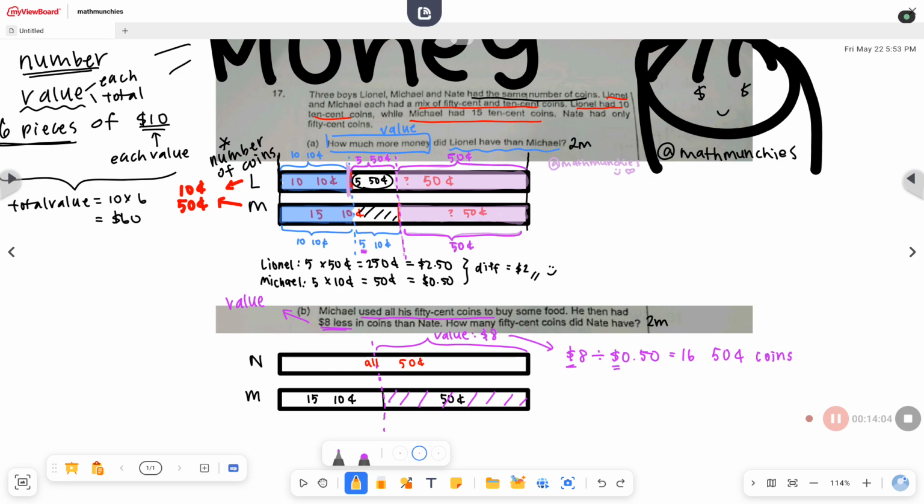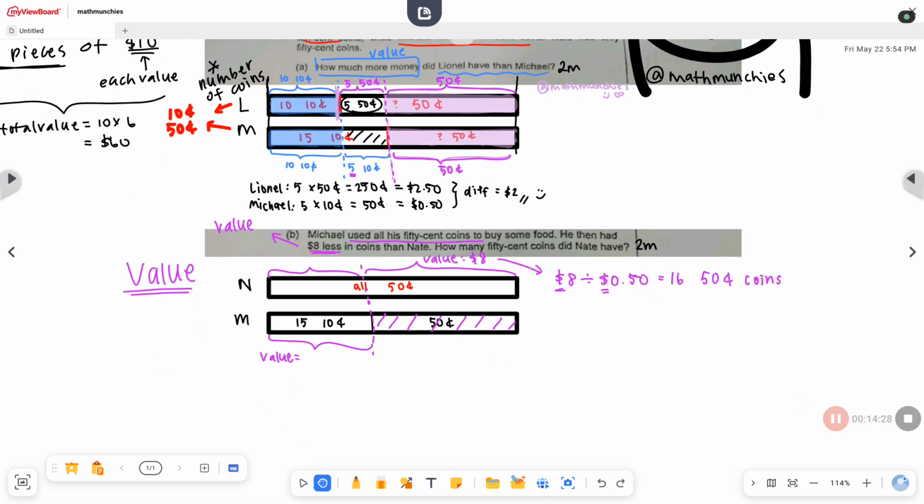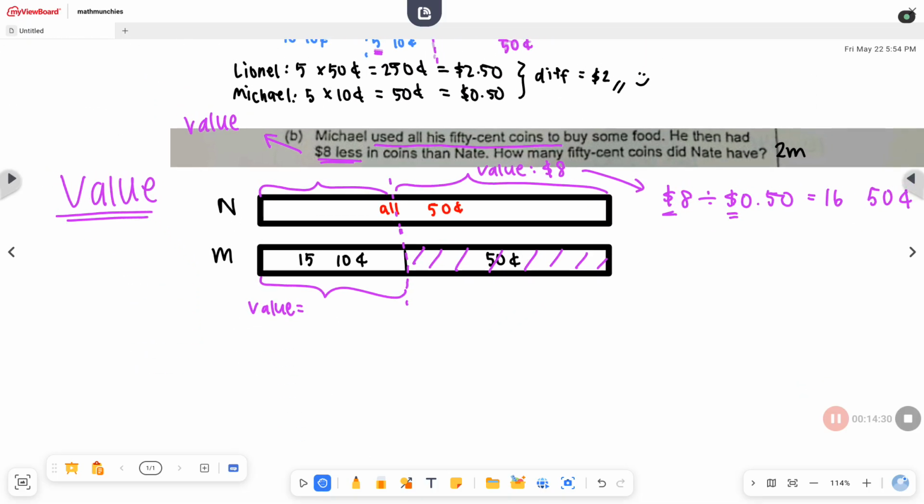Now, this model is talking about value or number? Value. So what does that mean? It means that the value here is the same as the value here. Understand? So what is the value here? The value here is how much?